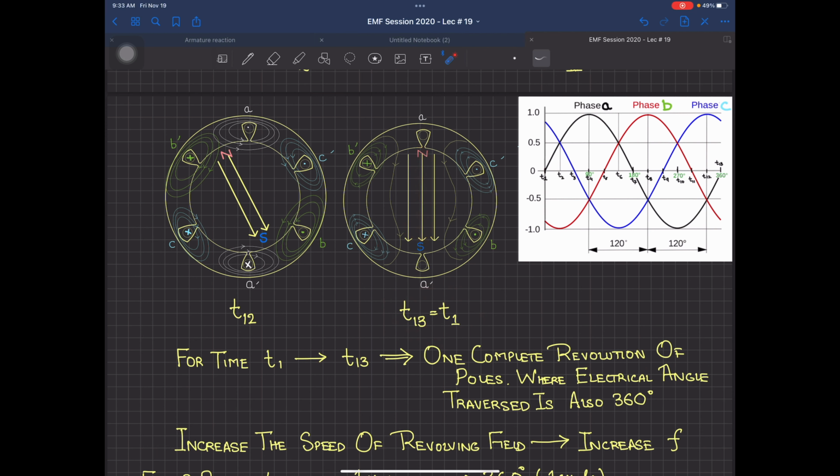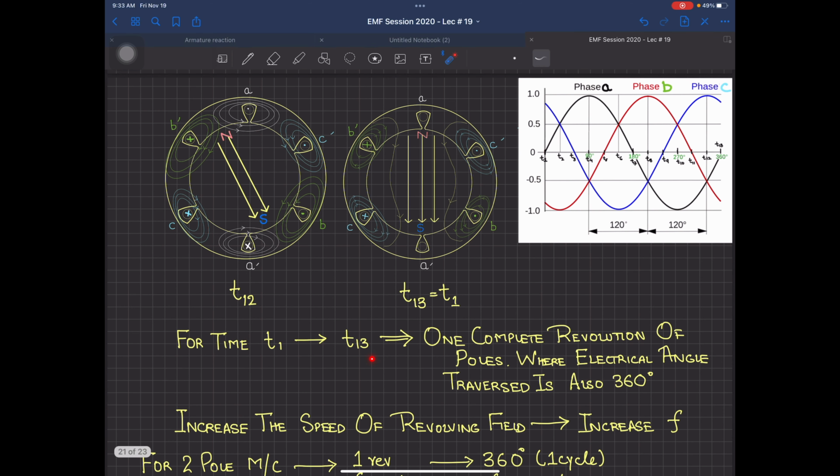It has completed the whole rotation, one complete revolution for one complete cycle. Now here is the important thing. Listen to this very carefully. From time t1 to t13, one complete revolution of poles, the electrical angle traversed is also 360 degrees, because the number of poles is equal to 2.